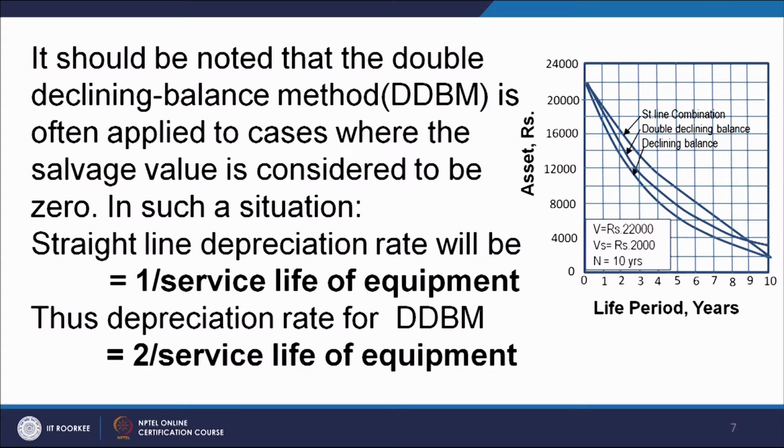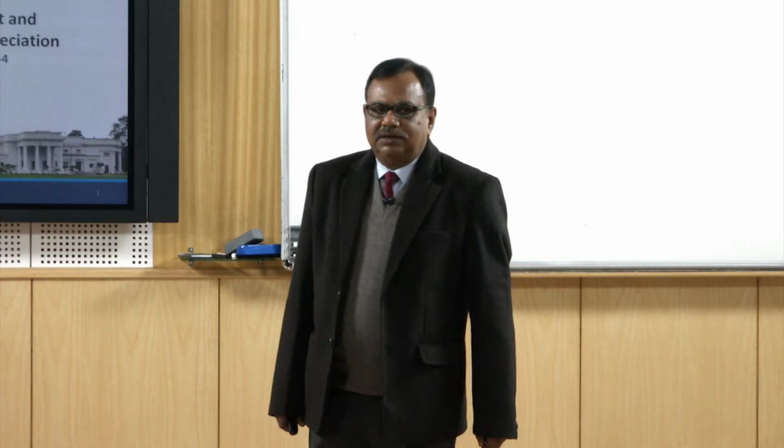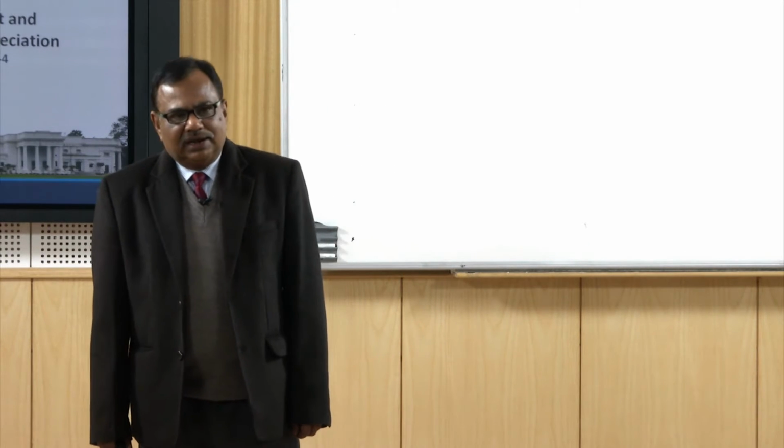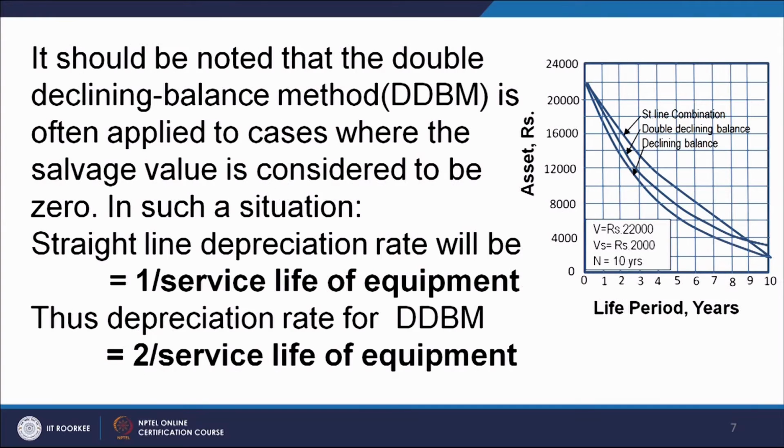If salvage value is 0, then the formula shortens, because in the straight line depreciation method the depreciation rate is equal to 1 by the service life of the equipment, and hence for the double declining balance method this becomes 2 divided by the service life of the equipment.